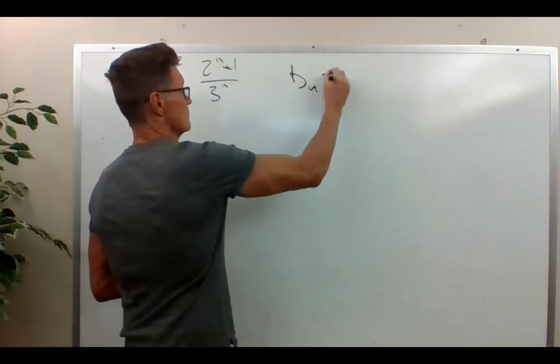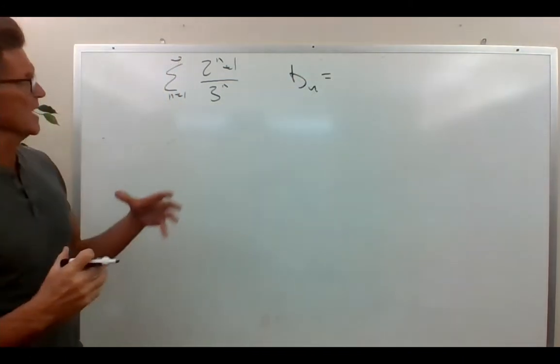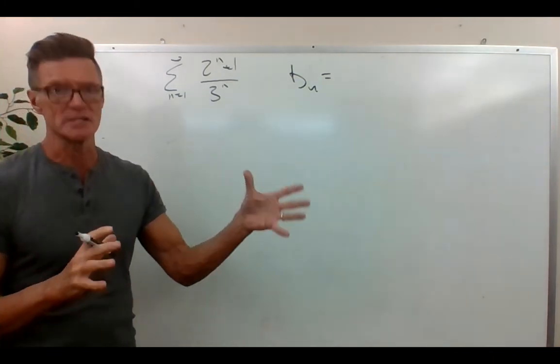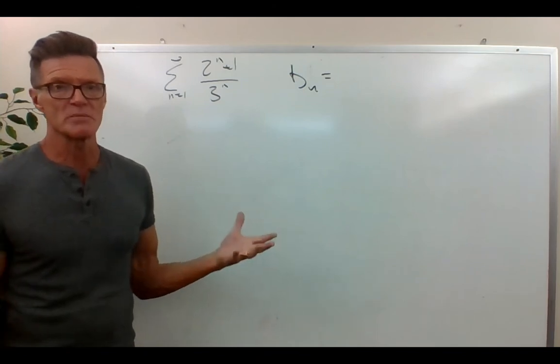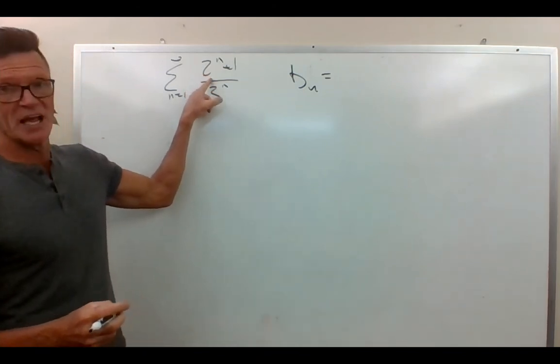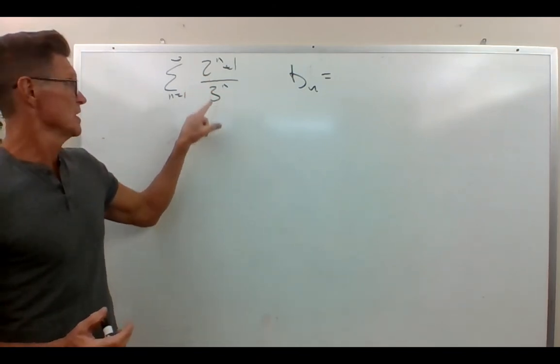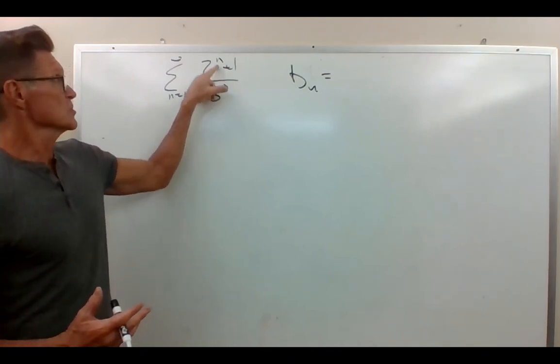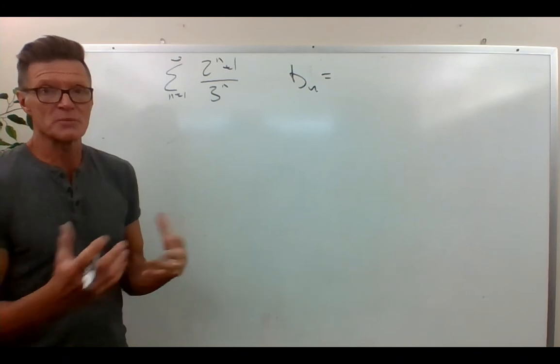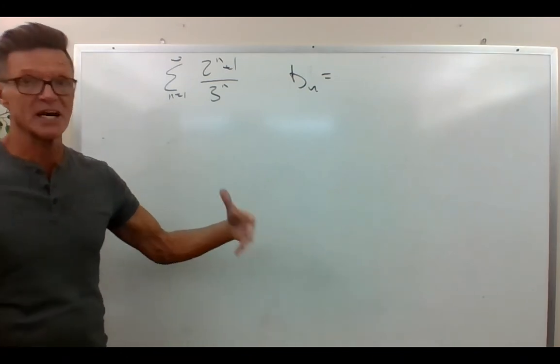And so what I do is I say, okay, as n is getting infinitely large, this 1 has no significance. It's always going to be 1. But the 2 to the n is getting infinitely large. The 3 to the n is getting infinitely large. And because they're both raised to the n power, they're both getting infinitely large, kind of together.